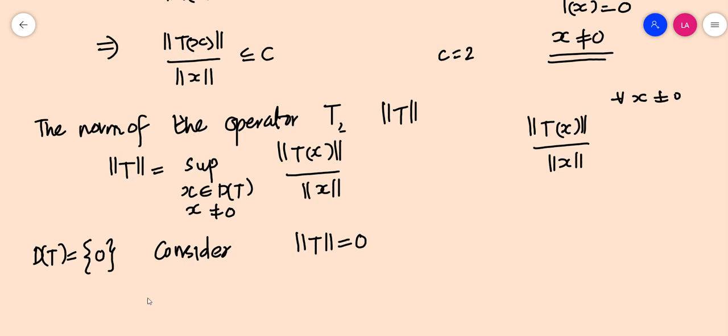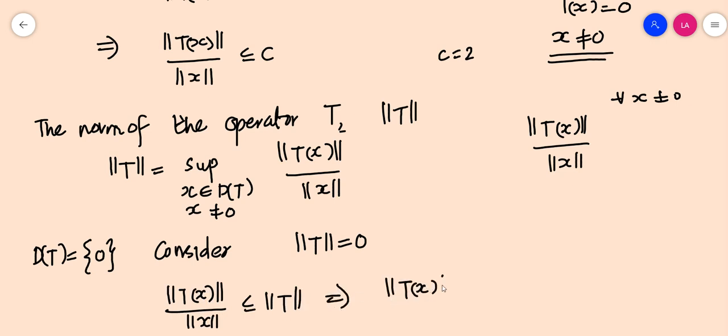So if T is bounded, we can write norm Tx by norm x should be less than or equal to norm T, which implies norm Tx should be less than or equal to norm T into norm x. So in the case of a bounded linear operator, we can define the norm of the operator as well. Using the definition of the bounded linear operator, we have defined the norm of the operator.